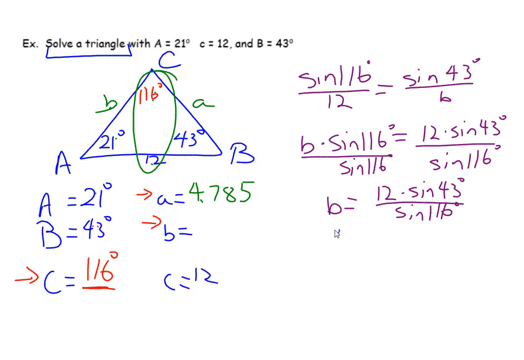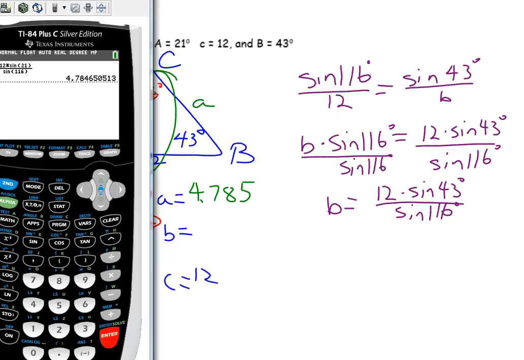There's your calculator ready answer. Typing that in on the calculator, I get alpha, y equals, enter, there's my fraction, 12 times the sine of 43 degrees, close parentheses, over the sine of 116 degrees, close parentheses, and I get the value 9.106.